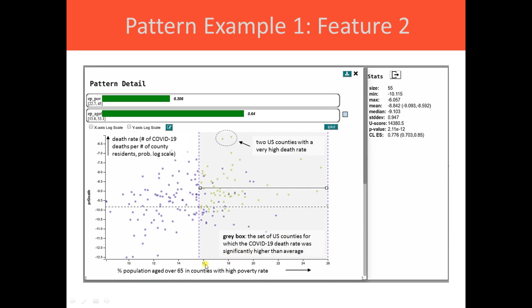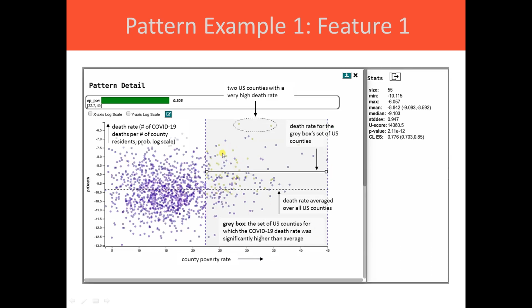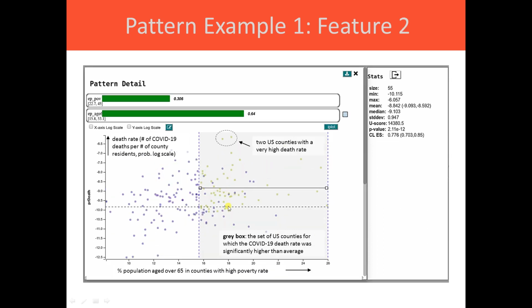These are only the counties captured in this box; these ones are already culled away. Only these counties remain, and we have further separation of inside and outside. We still have some purple ones, but fewer than before. The 2 counties with a pretty high death rate are still here, but we're still not done because some purple points are still seen in this projection.